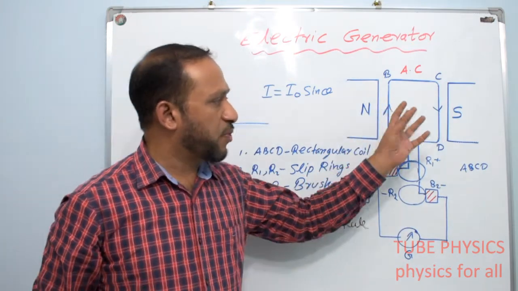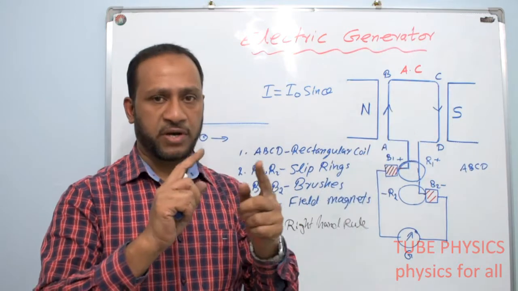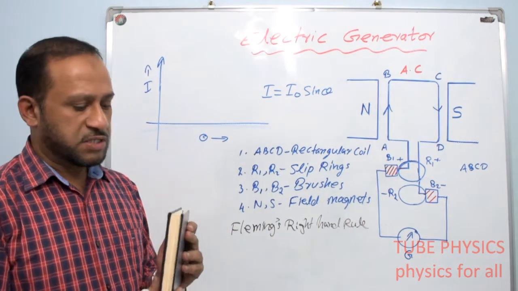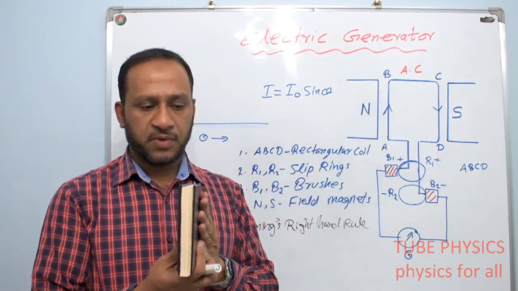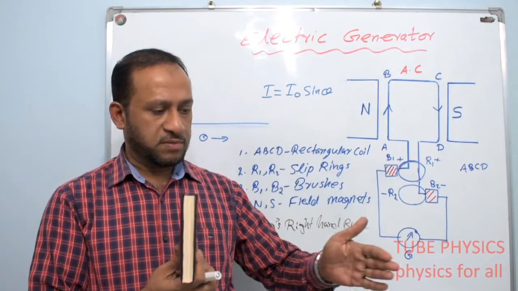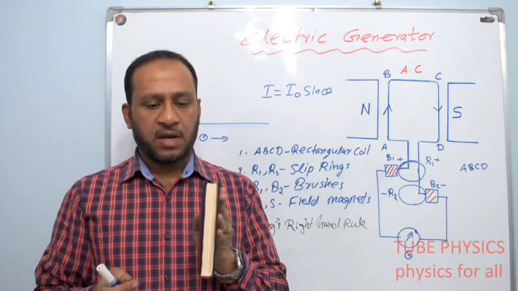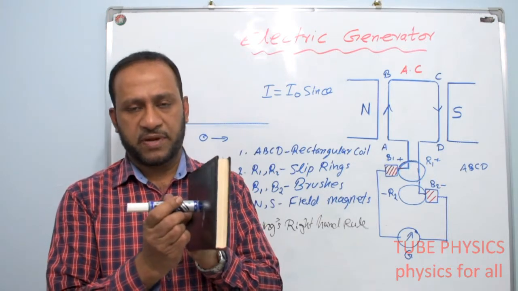And that angle will keep on changing when the armature or the rectangular coil ABCD rotates. We can see that here. Suppose we imagine this is the ABCD rectangular coil, and there is the north pole of a magnet here and the south pole here. If I draw the normal to the plane of the coil, this pen is the normal.